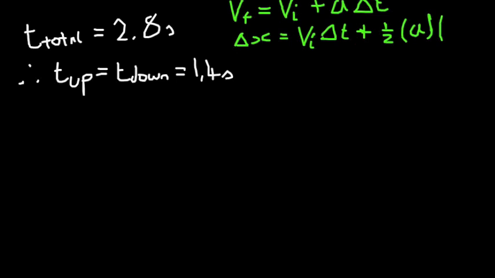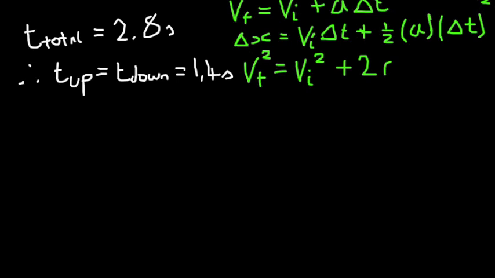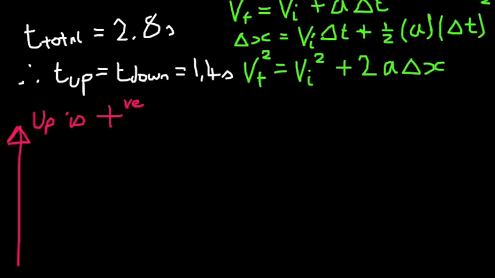We are now in a position to actually solve the question. You write out all the variables from the equations of motion, you fill in your known values, and you decide which equation you should use to determine the one or two unknown values. It's a good time to now define up as positive, which means that everything going up we put a plus in front of, and anything going down we put a minus in front of.